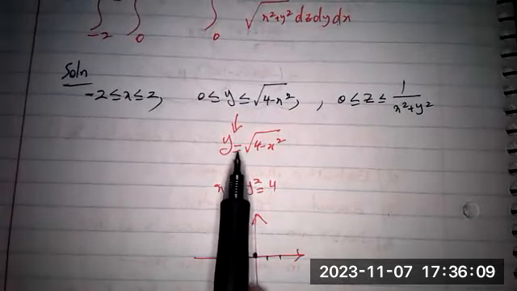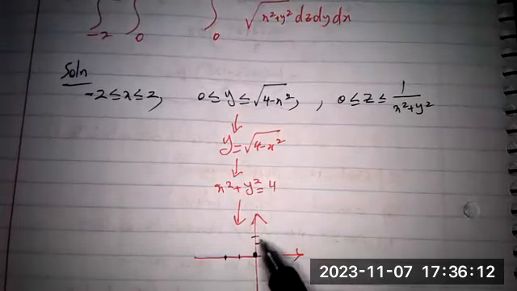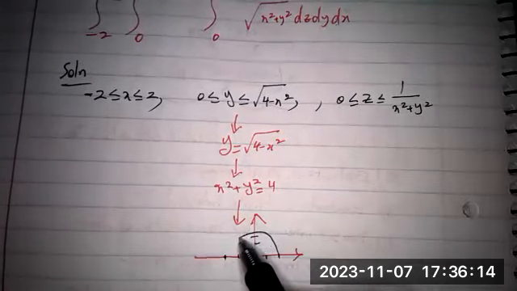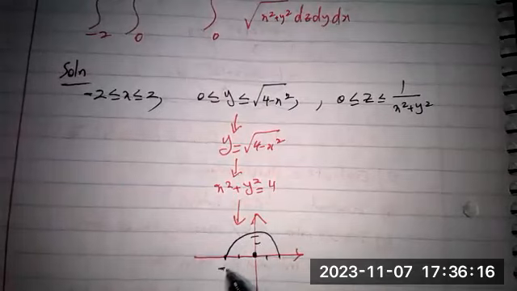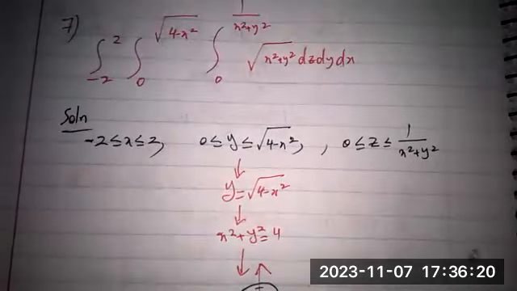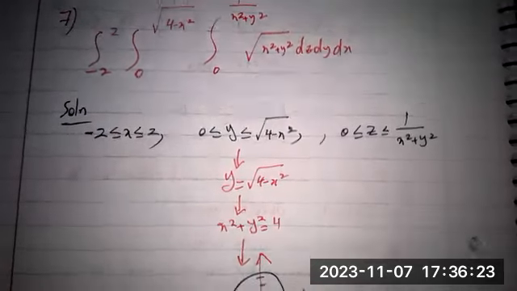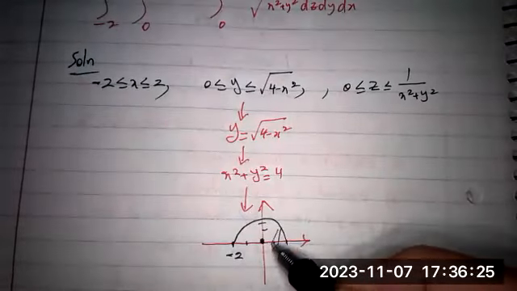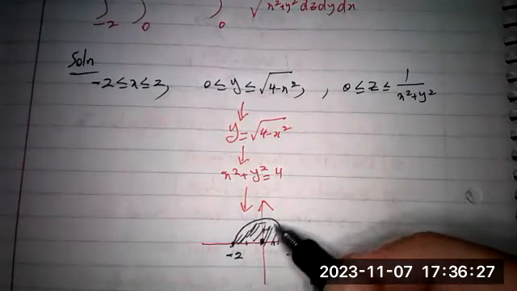You have only positive, so you are going to have only the upper part. Then you check x. X is between -2 and 2. So you have only the upper part.